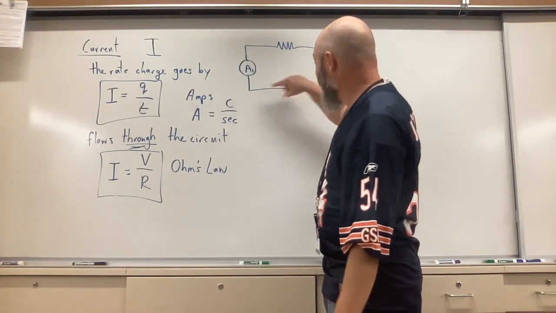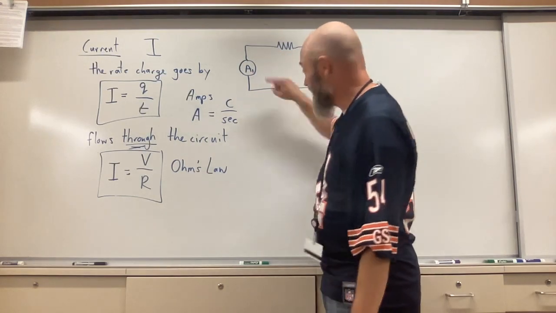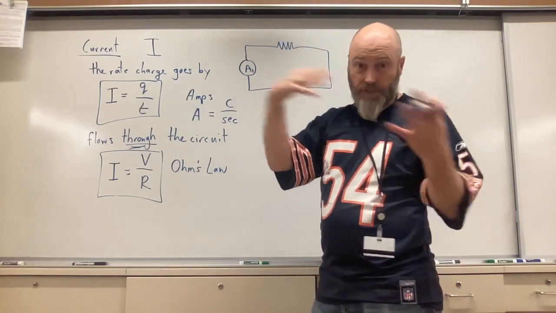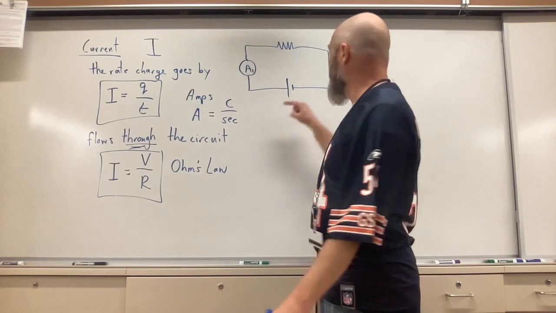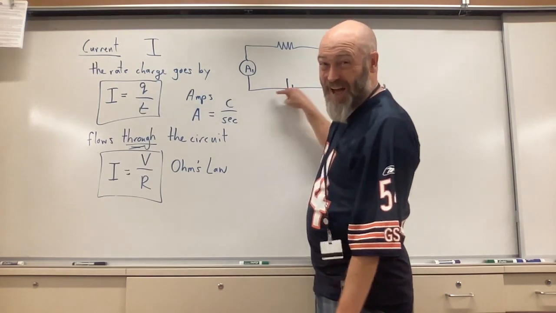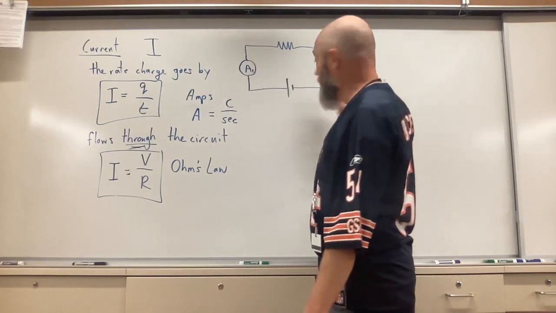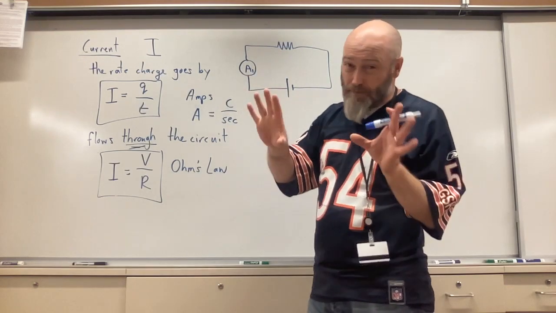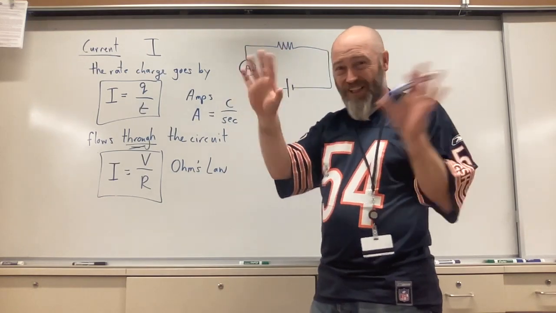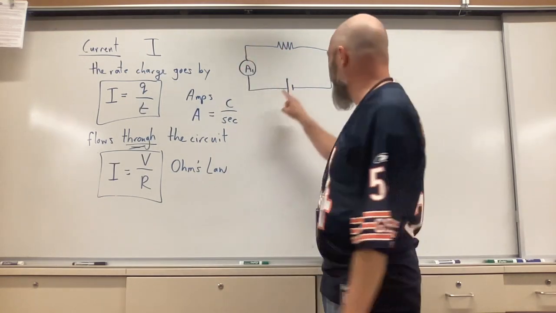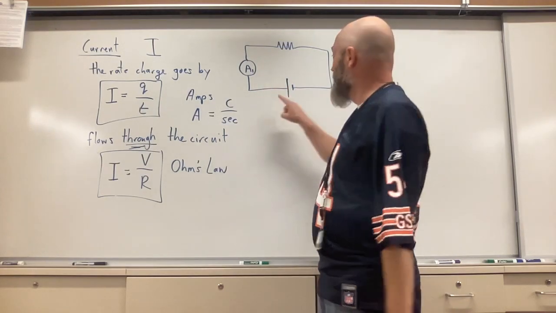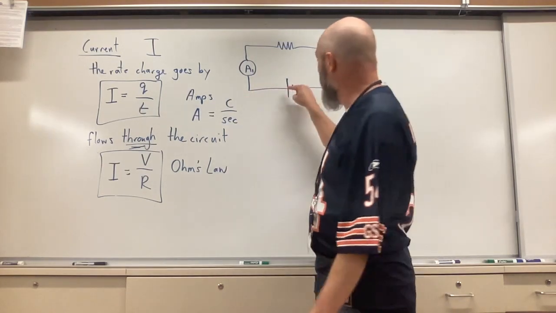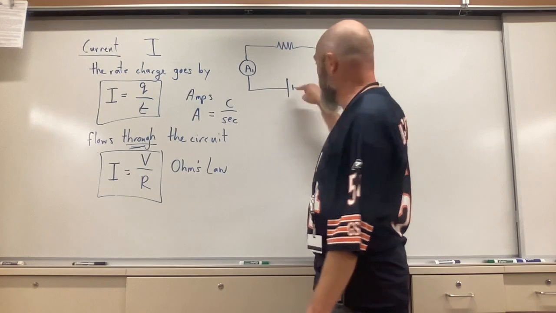Now, conventional current is what we're going to be talking about. Conventional current flows in the direction that positive charge would go. In reality, electrons are actually moving, but when they tried to figure this all out hundreds of years ago, they kind of screwed that up. So it's conventional current, the direction that positive charge goes, which is this way.